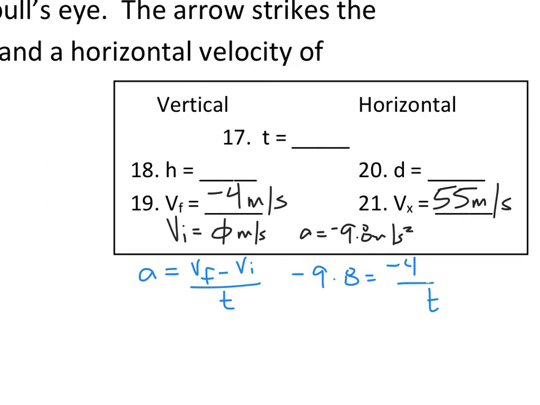So I have a fraction on the right. I want to cross multiply and make a fraction on the left. So I'm going to cross multiply negative 9.8 times T and 1 times negative 4. And when I do that, I get negative 9.8 t equals negative 4.